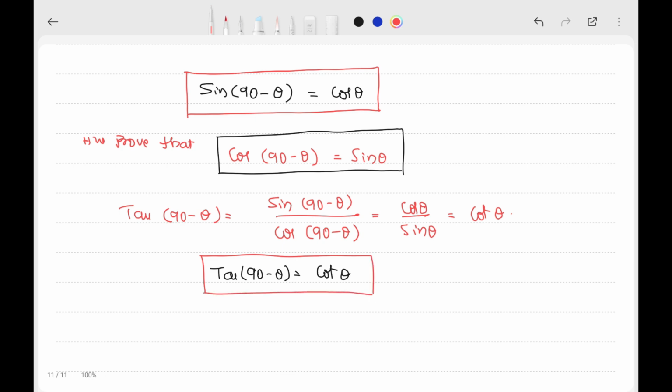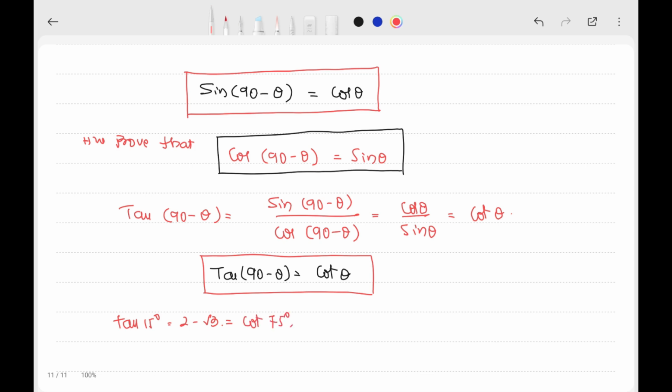Now, you apply this in this particular question, you can get the answer. Given tan 15 is equal to 2 minus root 3, tan 15 is nothing but cot 75.